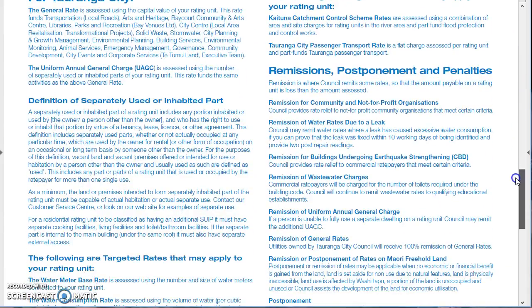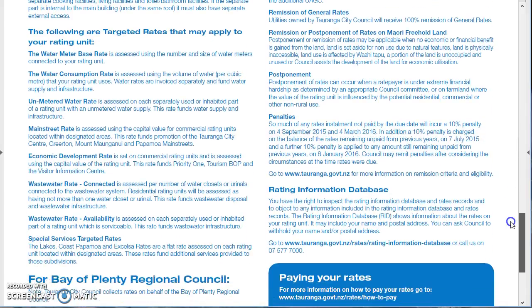There's a bit of a list on the next page as well of what other targeted rates you might have, special ways that water is pumped into your premises. If you're a commercial property, you would see a contribution to either the Mount Main Street rate or the Tauranga City Centre Main Street rate. Those contribute to the marketing and the activities in those areas.